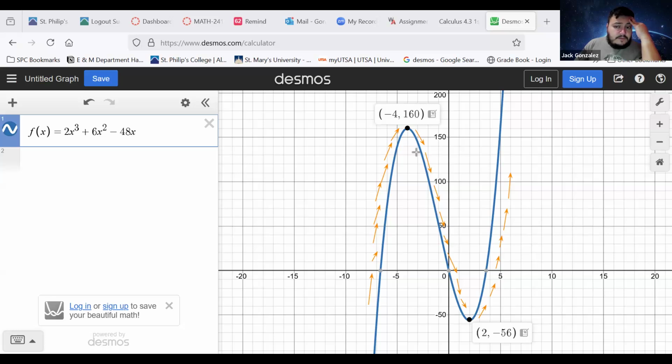Velocity, energy, who cares? X would be the input, Y would be the output. So if they ask for the maximum number of whatever, you'd probably pick this. But we're not doing a word problem yet. So right now it's just, this is where it's at, right there.